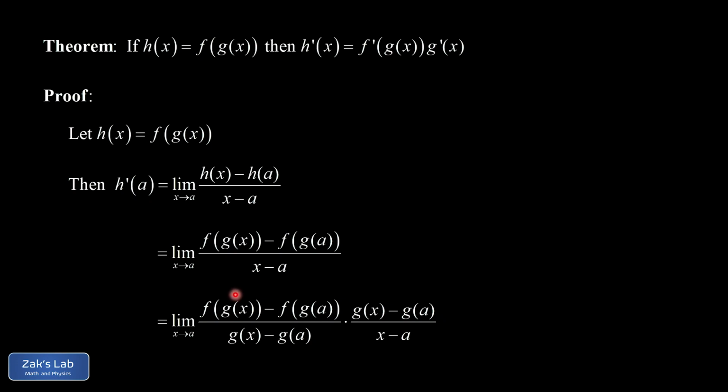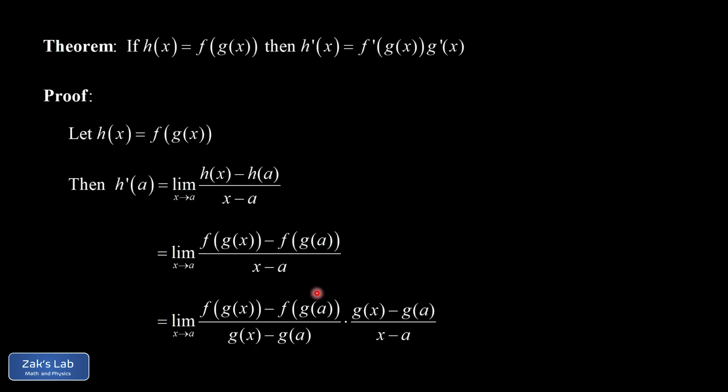Now to reiterate, what we have in this first numerator is f of a variable minus f of a constant, then divided by that variable minus that constant. And in our limit, as x goes to a, our variable quantity g of x is approaching our fixed quantity g of a. That is exactly the definition of a derivative.